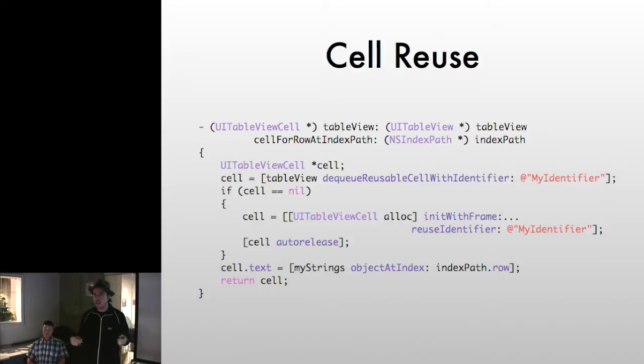Otherwise, I need to make a new one because there aren't any in the queue. So I can allocate one, and then TableView cell has a special initializer that takes, in addition to a frame rectangle to specify its location, it also takes a reuse identifier, and that way iOS automatically, as cells disappear off the top, throws them into the reuse queue.